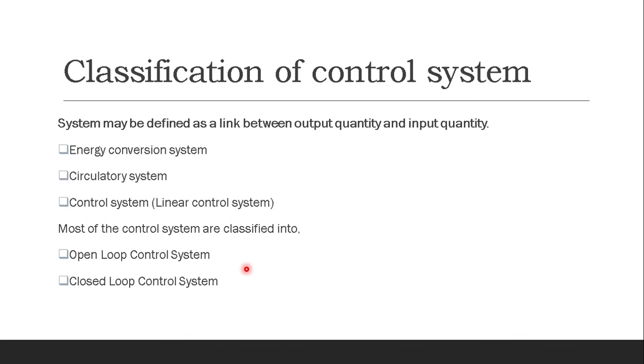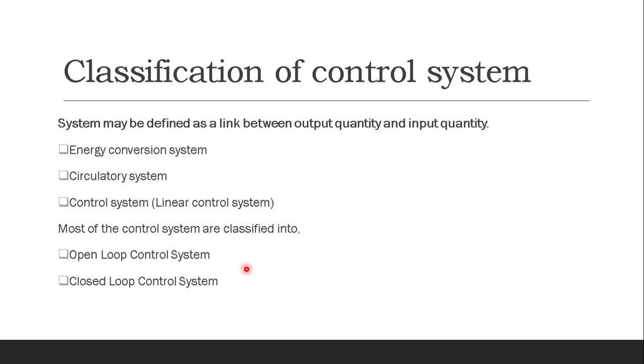So that difference will generate some error. Okay, so this error will give some value of deviation between the actual room temperature and the desired room temperature, and the error is used to control the element, which in turn controls the output, that is our room temperature.